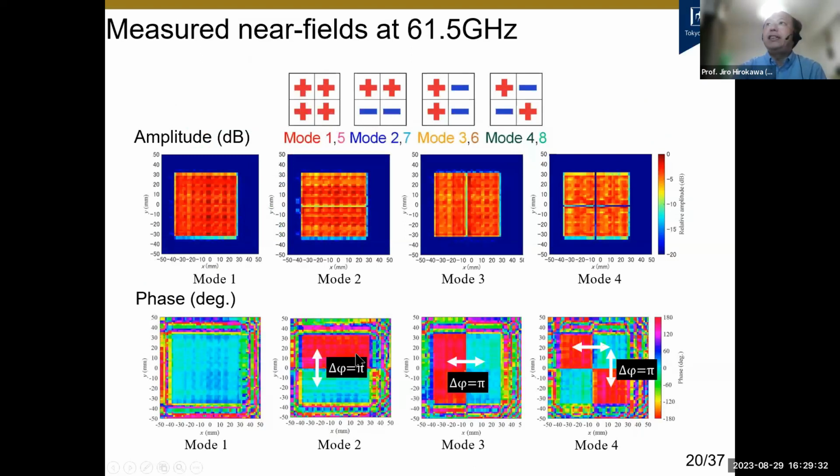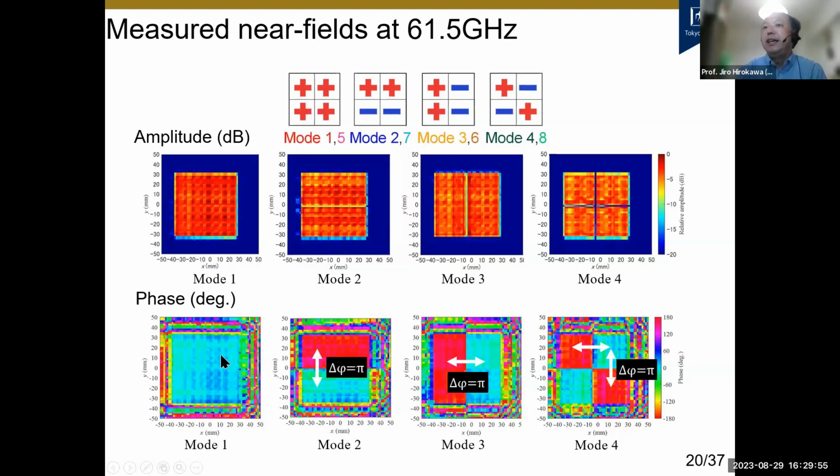And this is the measured field distributions. The center figure shows the amplitude distribution at the design frequency. We can achieve the uniform excitation in this case. The bottom figure shows the phase distribution.